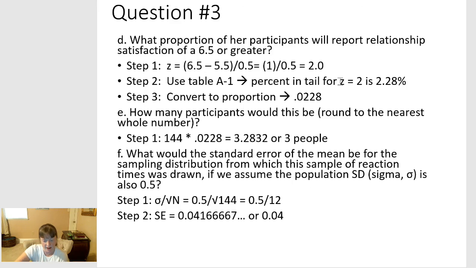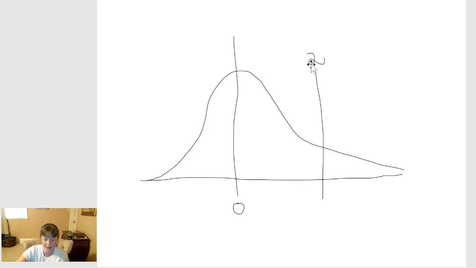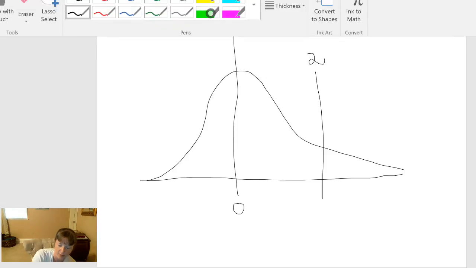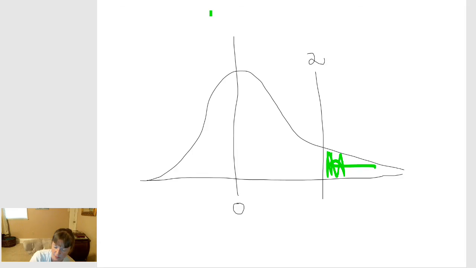But this question is asking what percent, or what proportion, of the participants will be above the score of 6.5, which I've transformed into 2, and so that is here. What proportion is above 2? And so that is what that percent in tail could tell you.